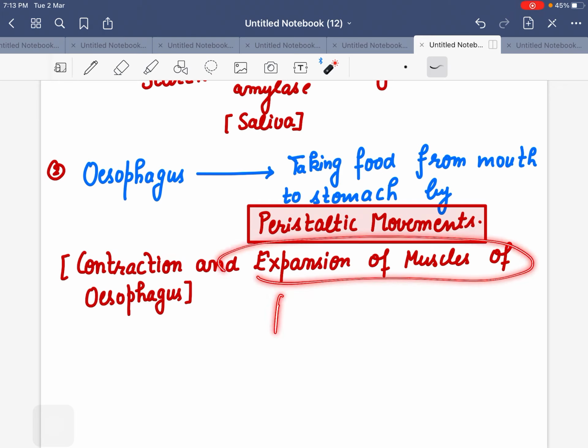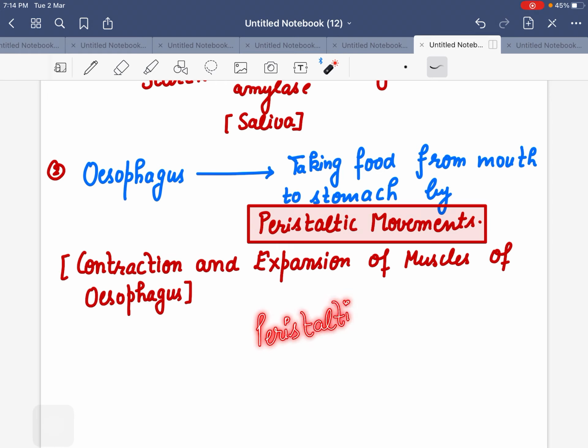Whose muscles? The esophagus. When these continuously contract and relax, this movement is known as peristaltic movement.